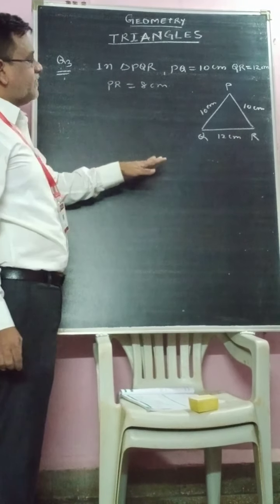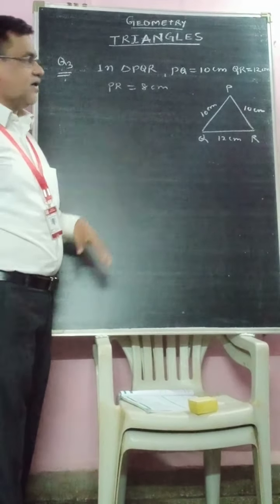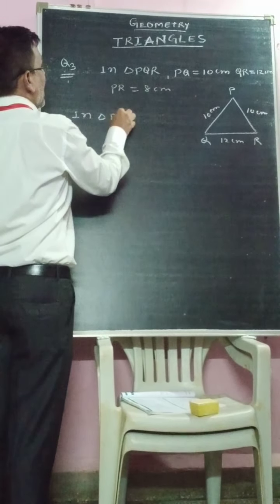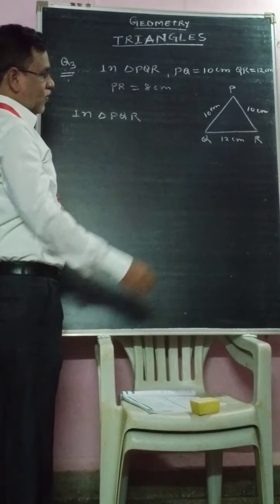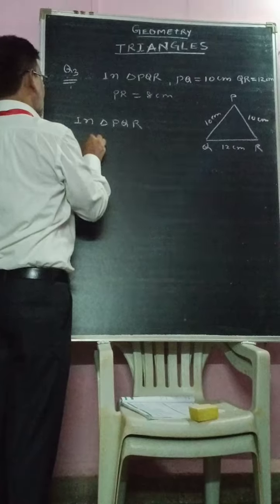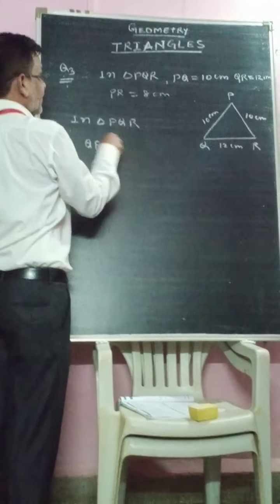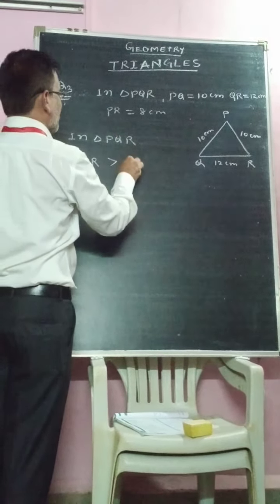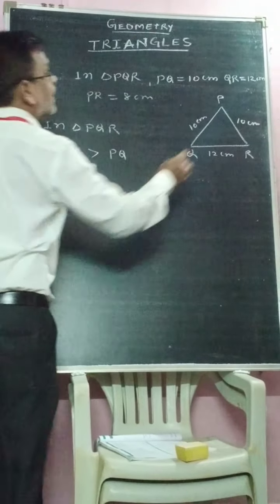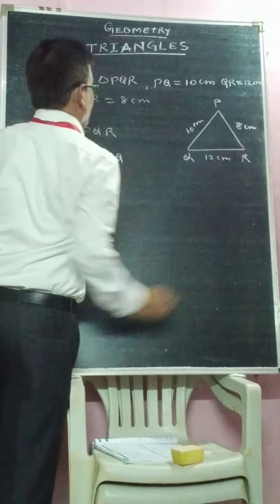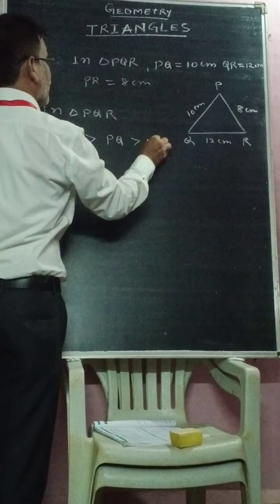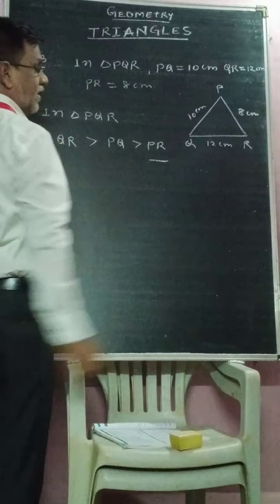So you have to find which is the greater angle and which is the smaller. In triangle PQR, QR is greater than PQ, and PQ is greater than PR, as it is given.